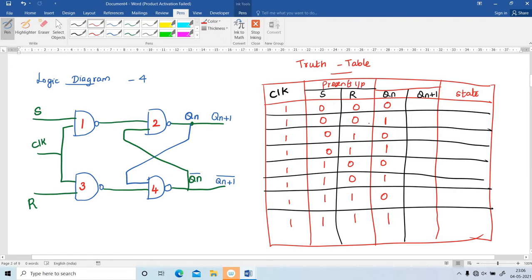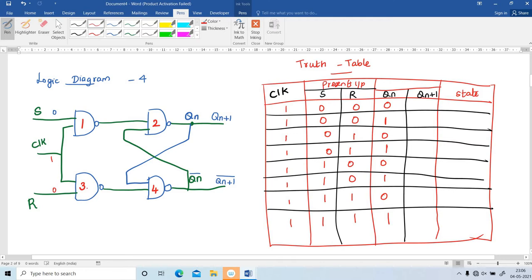And next I am going to explain how to find the next state. First, I put the values: S is equal to 0, and R equal to 0, clock equal to 1.